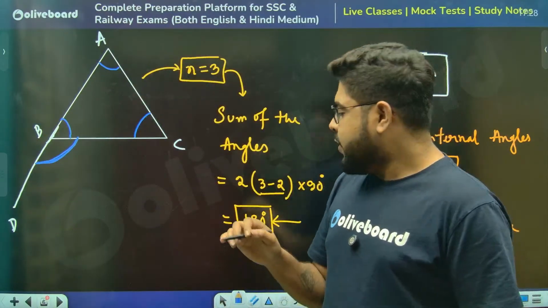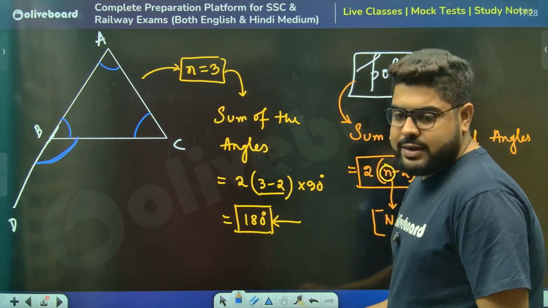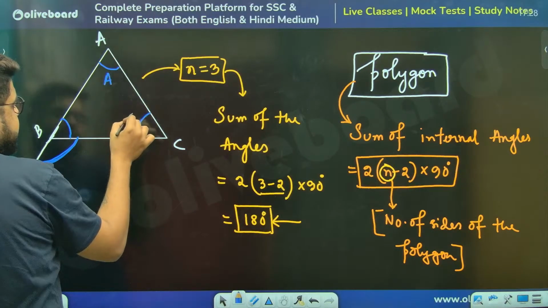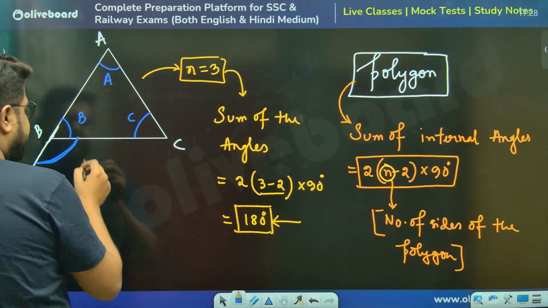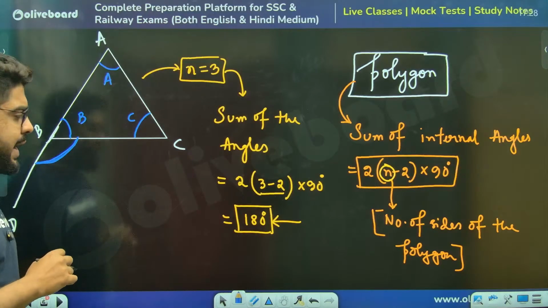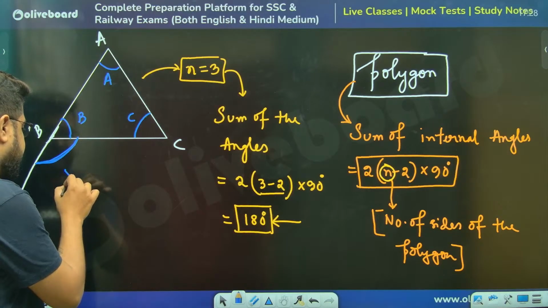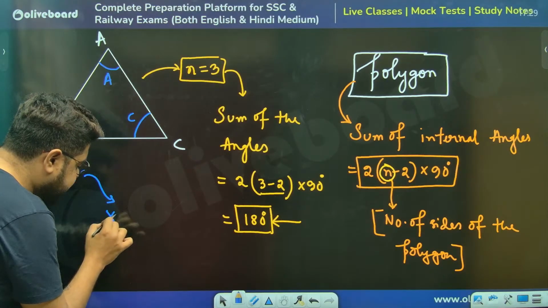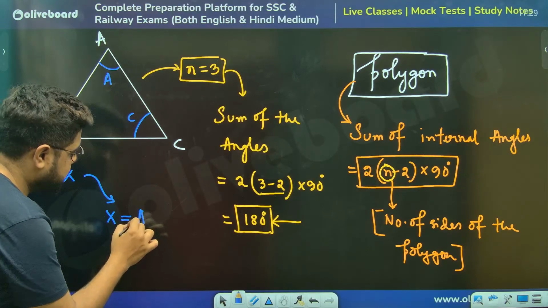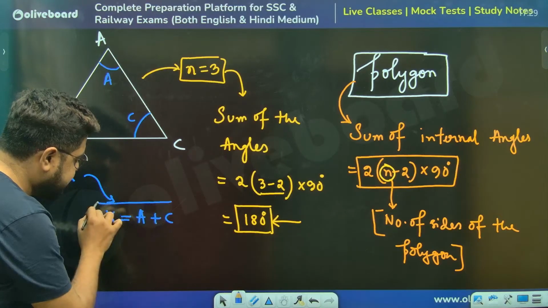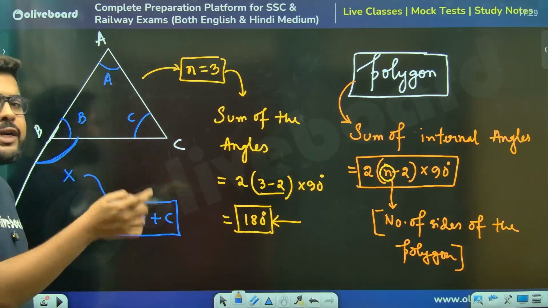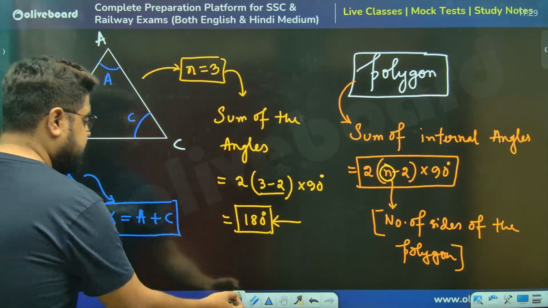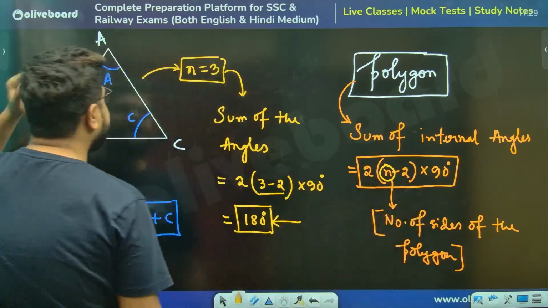So the second rule of Playfair is saying, okay, sir, if this is angle A, this is C, this is B, and this angle I'm calling, say, X, then this external angle X will always be equal to the sum of the opposite two internal angles.